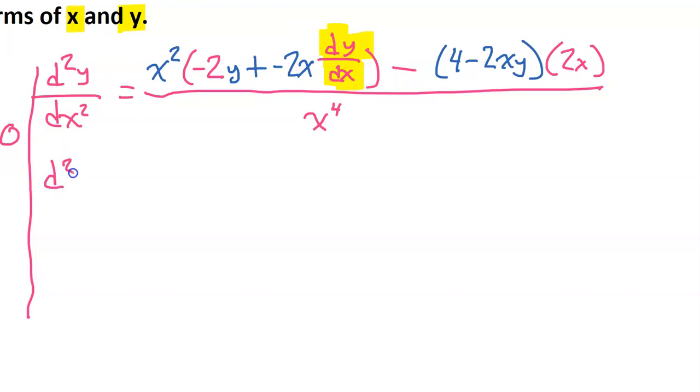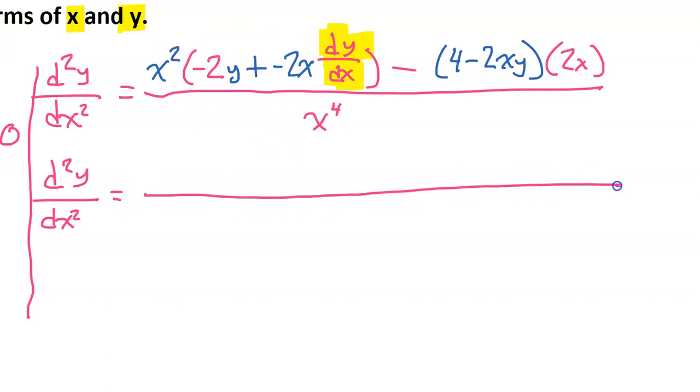So let's see. Second derivative equals. I'm going to go ahead and do the distributive property here. So I'm going to have negative 2x squared y, and then minus 2x to the 3rd power dy/dx. Okay, I distributed the x squared.